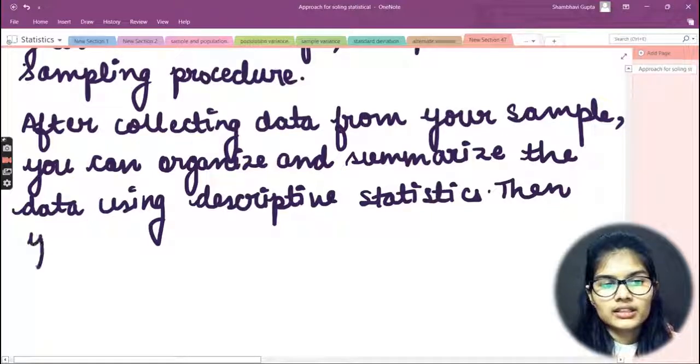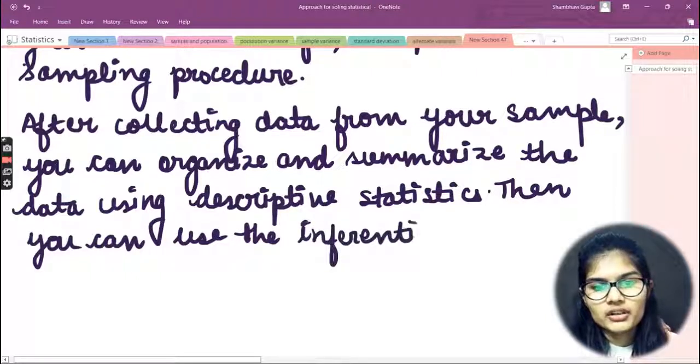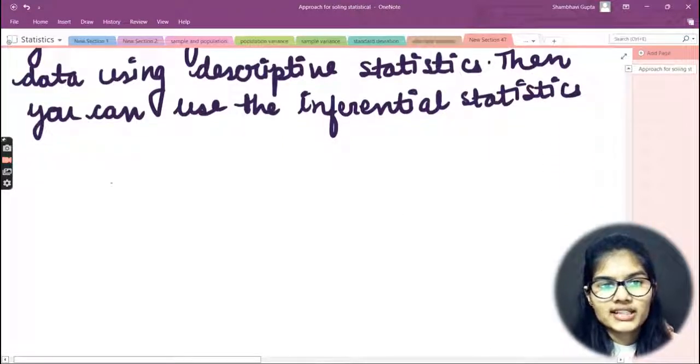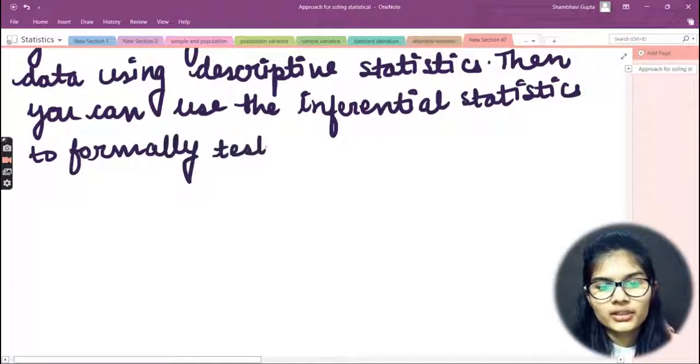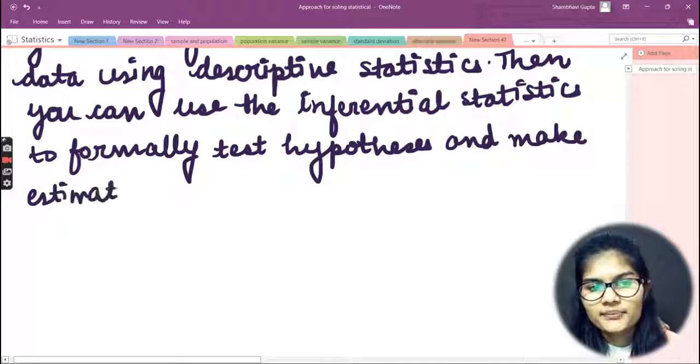Then you can use the inferential statistics to formally test the hypothesis and make the estimates.